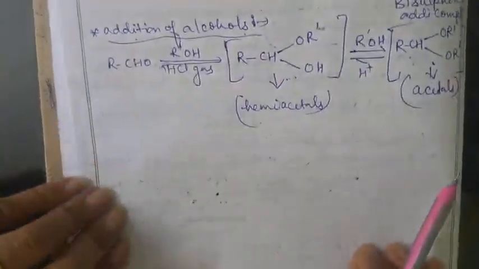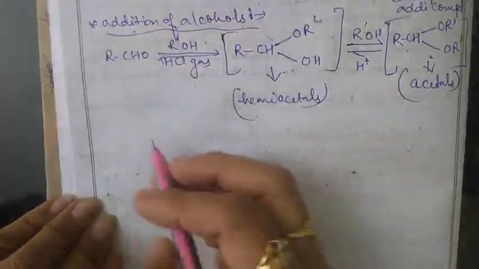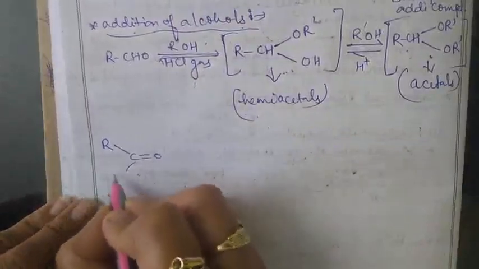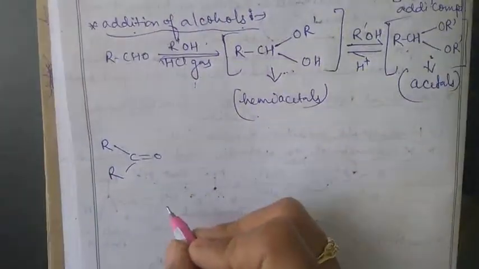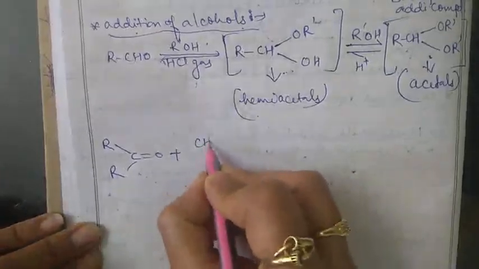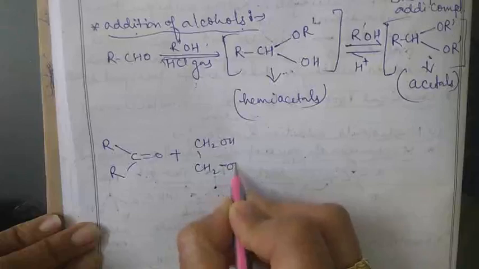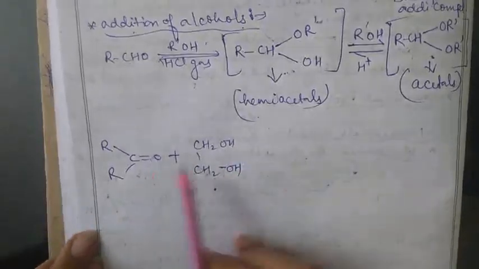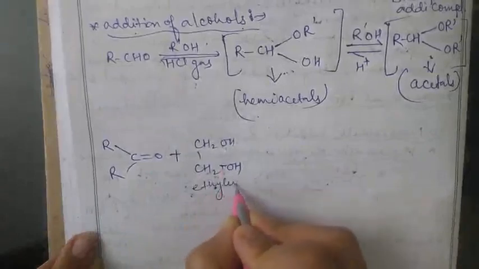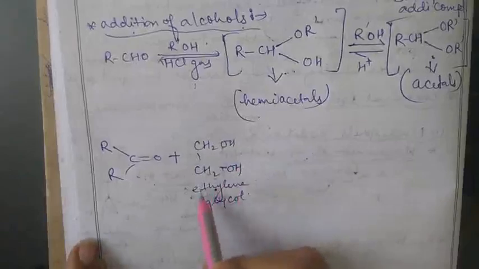Now let's check how the ketone reacts with alcohol and HCl. So this is any ketone. When it reacts with CH2OH, CH2OH, the ketone reacts with ethylene glycol. Its name is ethylene glycol, CH2OH, CH2OH.